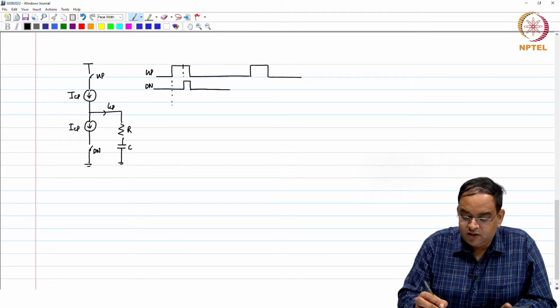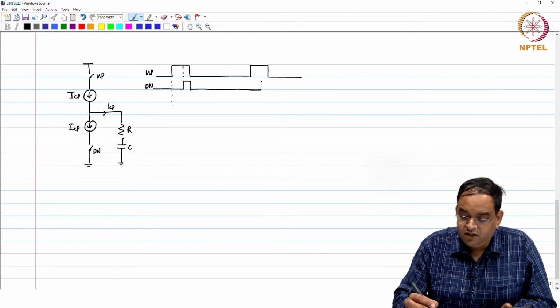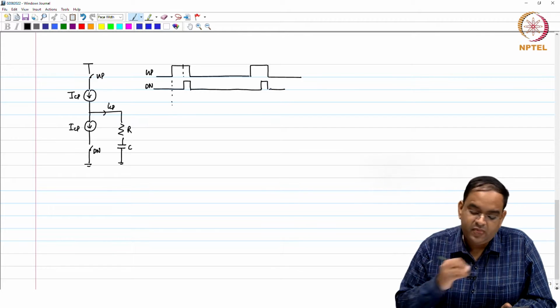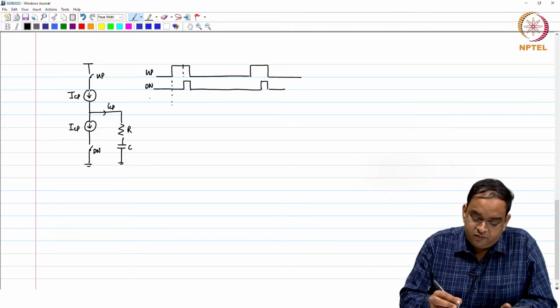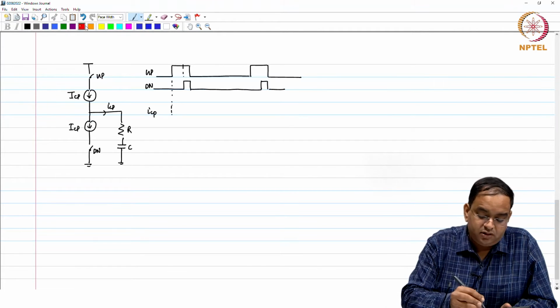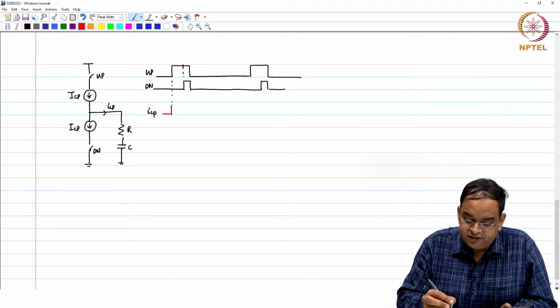Whether up is larger or down is larger, that depends on the phase error. Okay. So, in response to this up and down pulse, you have ICP, the current which flows through the loop filter is shown here.